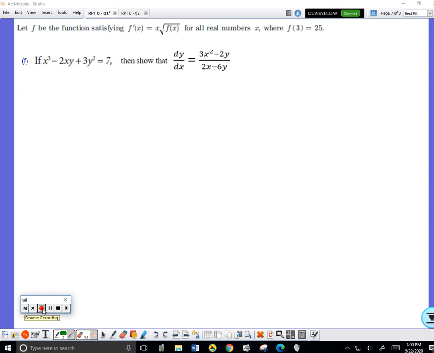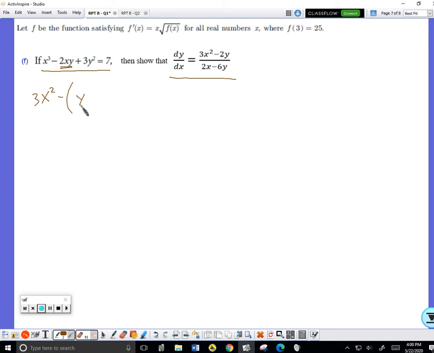Okay, part F. If x squared, so we got this, we're supposed to show this. Okay, so you have to take the derivative of both sides. So this is going to become 3x squared. The negative, better put a big parenthesis. This is the product rule.